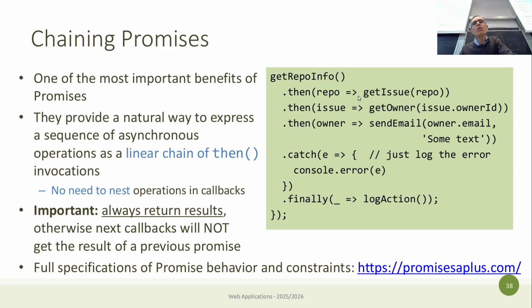So you recognize here the arrow function, and there's just one statement, so this one statement without the curly brackets is also a return value. It's like you open the curly brackets and write return getIssue. So the value is returned by each one of these arrow functions. It's very important to remember.